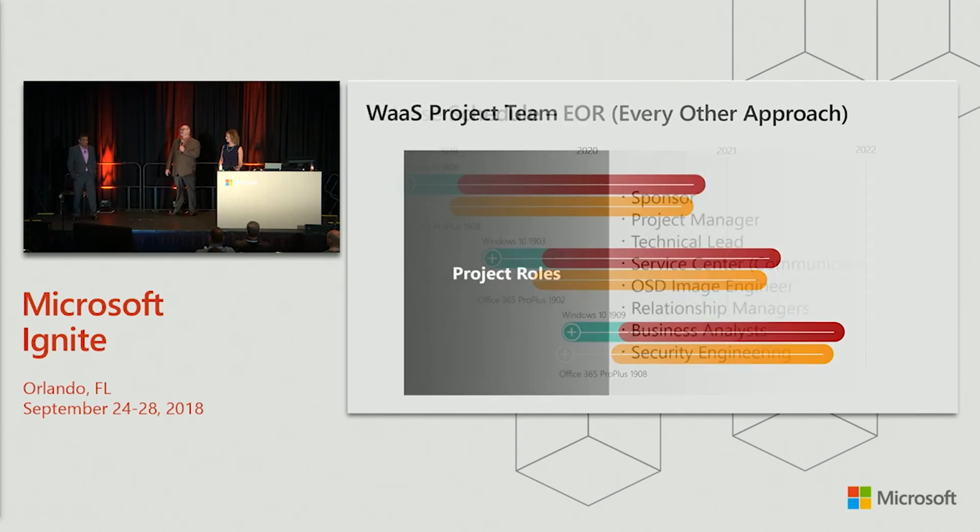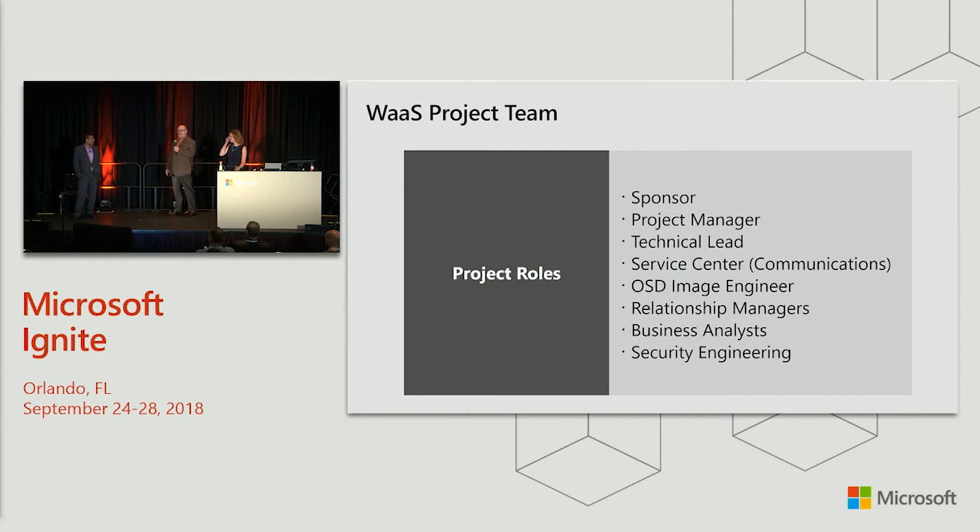Thank you, Scott. The next thing we had to do is go through and decide who really were the key players in the project team. So we had to make sure we had a great sponsor, because without that, this is not going to work. Project managers, technical leads, service center, imaging, the technical people.